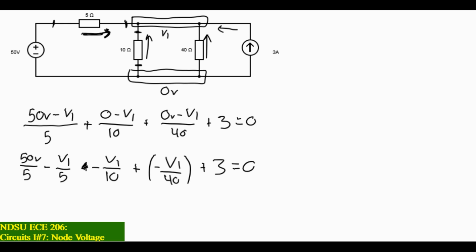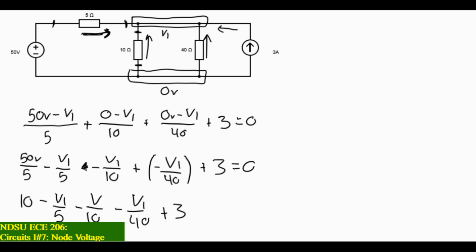And just keep going. 10 there, minus V1 over 5, minus V1 over 10, minus V1 over 40, plus 3.